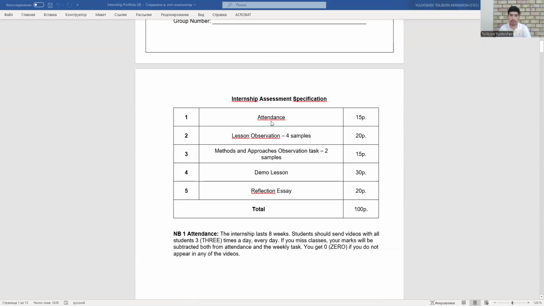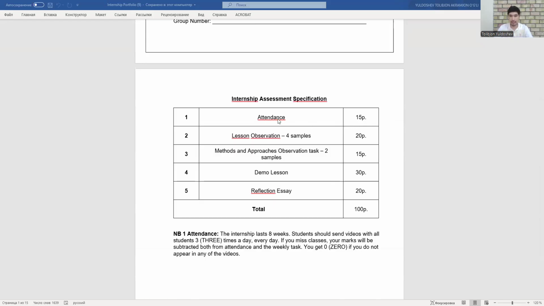assessment criteria. Because this internship is treated as a separate course, you will get 100 points, and there is a pass or fail in this course.